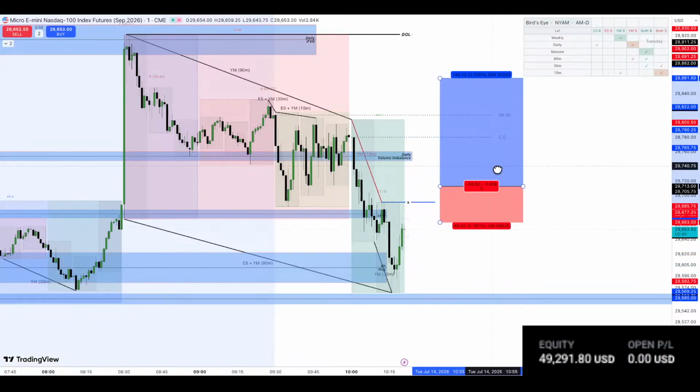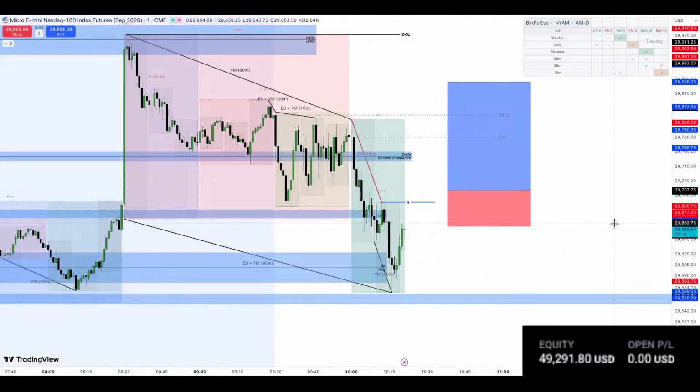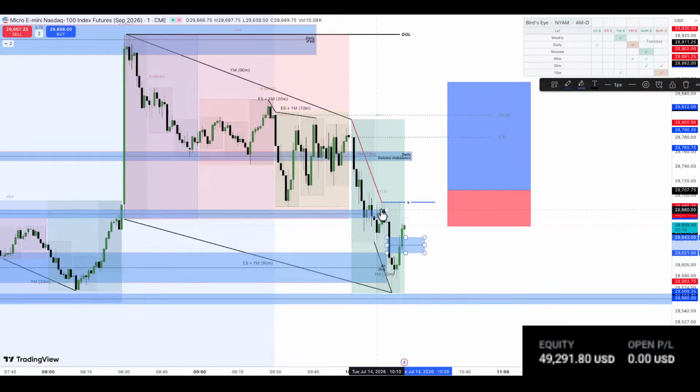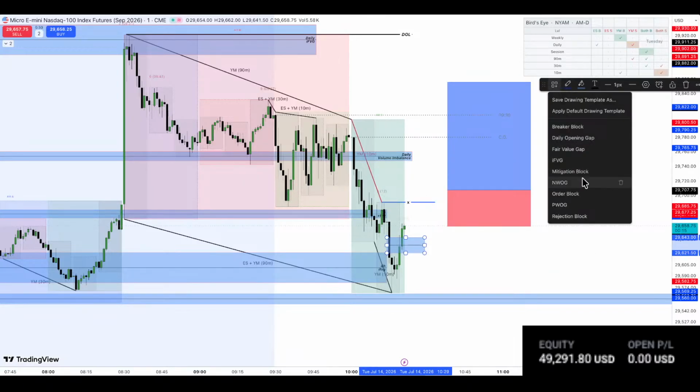Just gonna have to look for some trades above this area right here. Even though price has given us a valid shift to the upside, I'm still gonna have to wait for this bullish breaker to be respected.